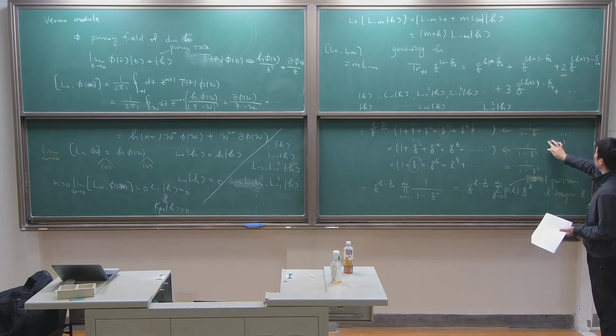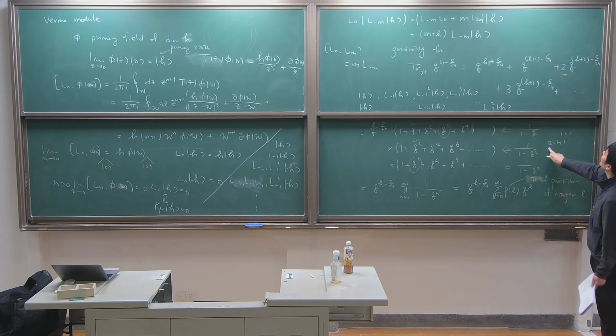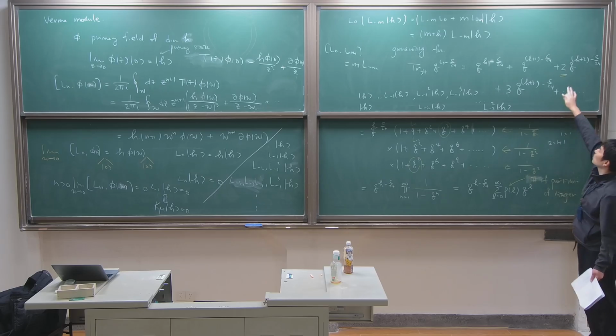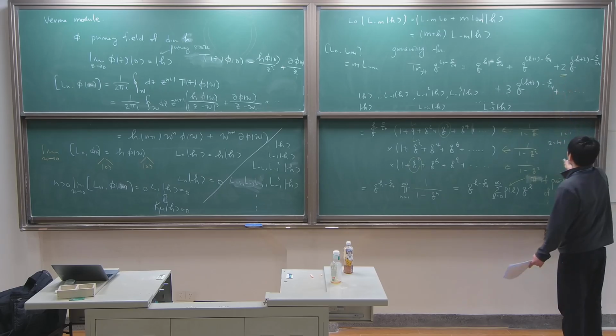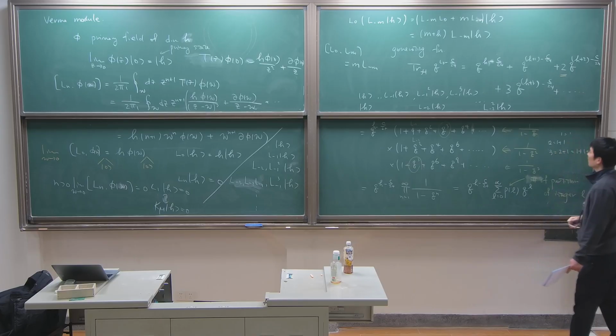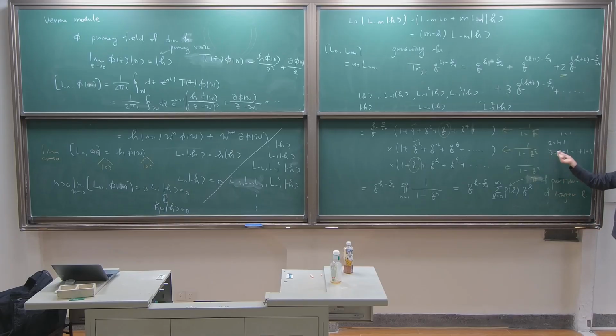There are 2 ways to represent 2. 3 is equal to 3, or 2 plus 1, or 1 plus 1 plus 1. There are 3 ways to do the partition. How to say partition in Chinese? I don't know.